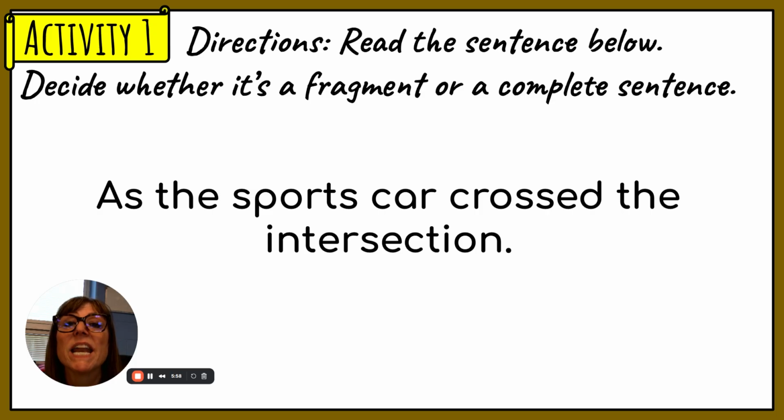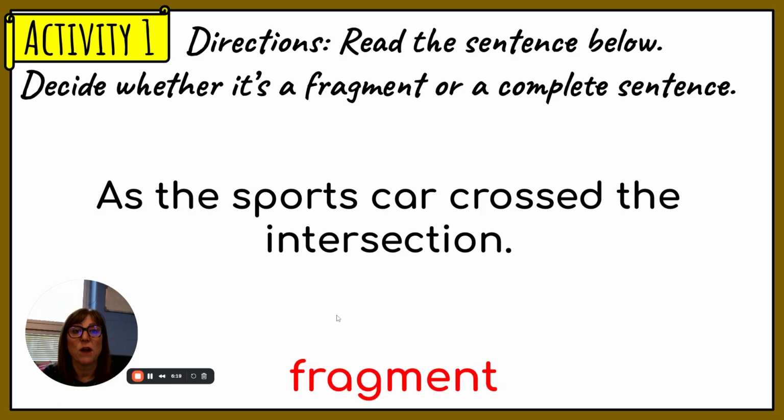Can you say that, everybody? Subordinating conjunction. When you put the subordinating conjunction on the front of this sentence, it then becomes a fragment because as the sports car crossed the intersection, something happened after it. So we are going to say that this is a fragment.